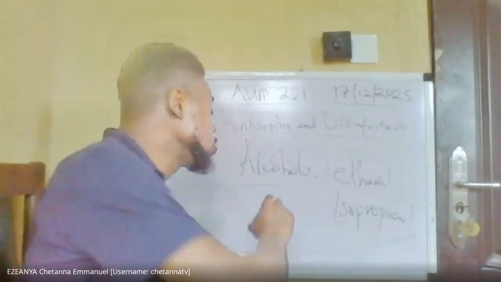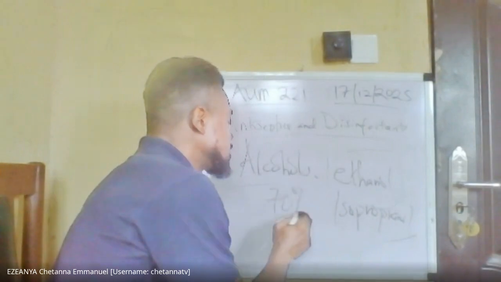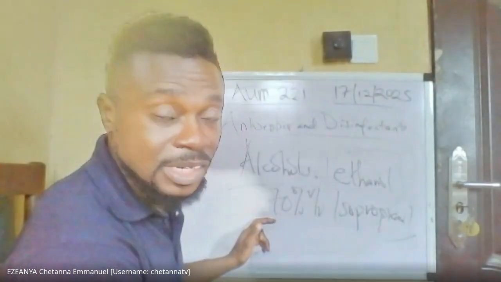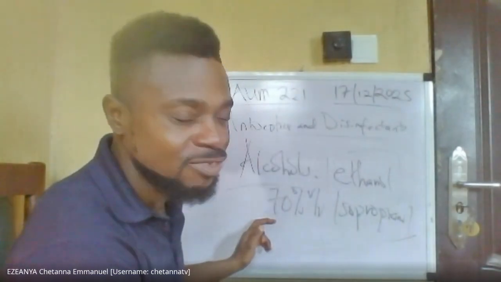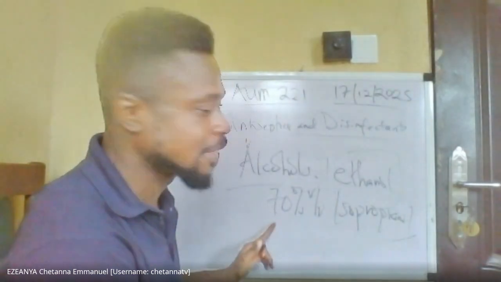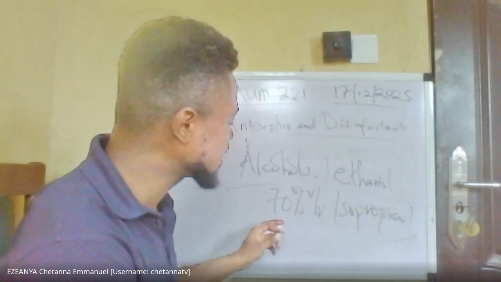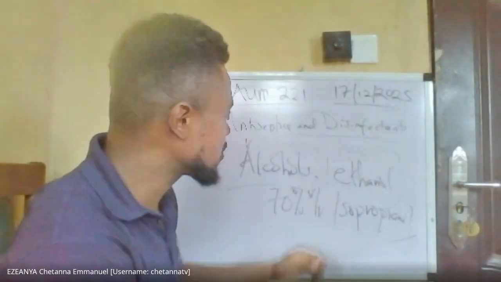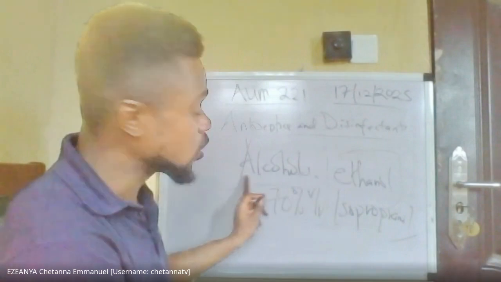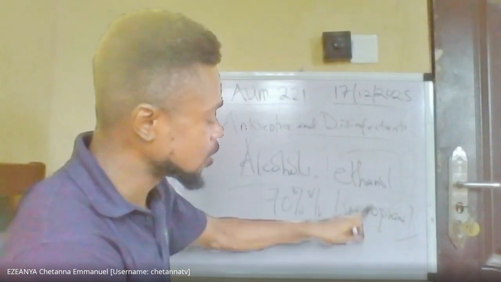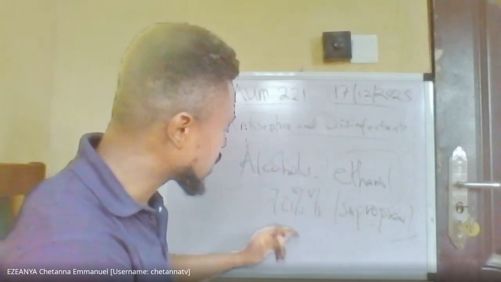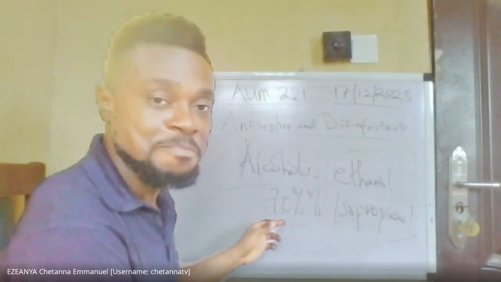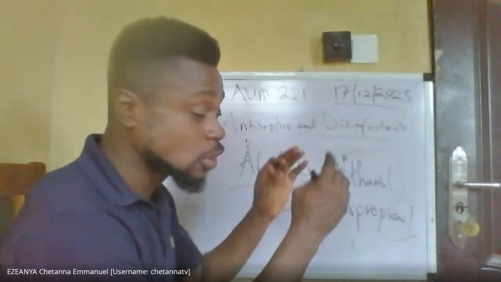Please make sure you know this concentration term. Alcohol is a general name; ethanol is specific, but they are under one alcohol. 70% ethanol means 70 ml of ethanol in 100 ml solution.